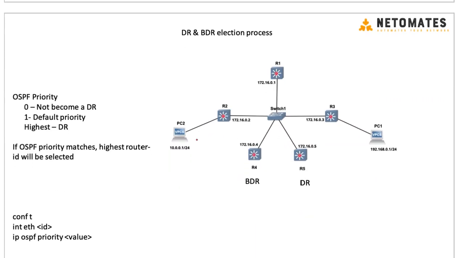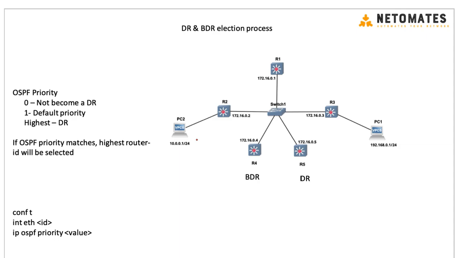So let's see how OSPF selects the DR and BDR in this topology. We have R1, R2, R3, R4 and R5, and OSPF has to choose one DR and one BDR for one segment like this. If you want to make any router a DR, you can configure that router's interface with the IP OSPF priority.